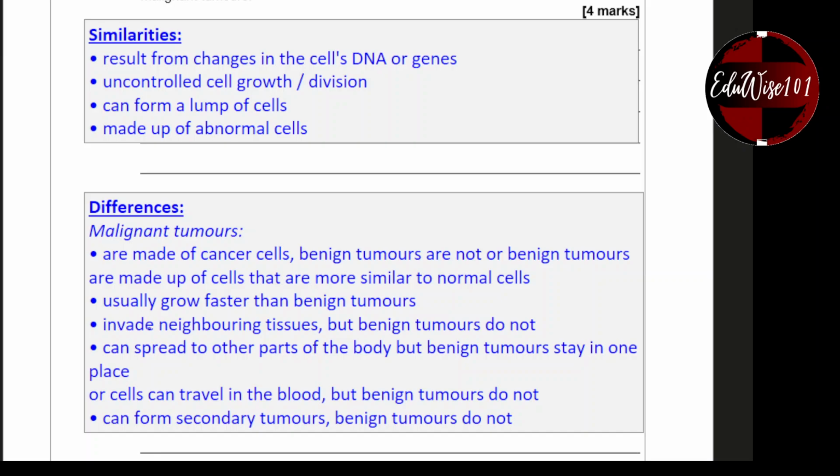Malignant tumors invade neighboring tissues, but benign tumors do not. And malignant tumors can spread to other parts of the body, but benign tumors stay in one place. Malignant cells can travel in the blood, but benign tumors do not. And malignant tumors can form secondary tumors. Benign tumors do not.